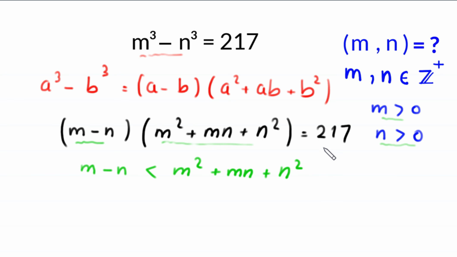So we factorize this 217 as 1 times 217 and 7 times 31, where 1 is less than 217 and 7 is less than 31. It means that we have two cases. This is case 1 and this is case 2.